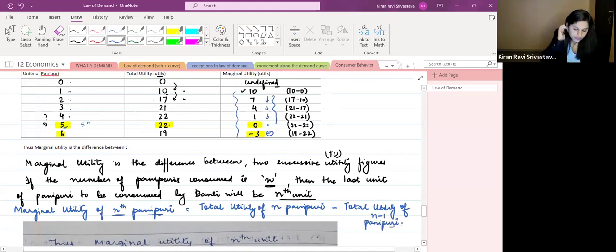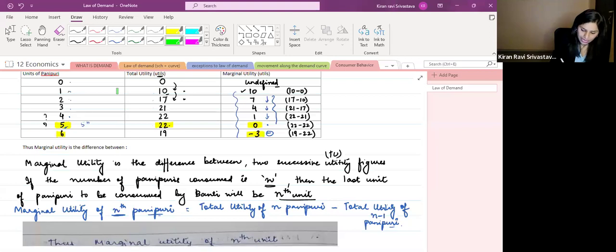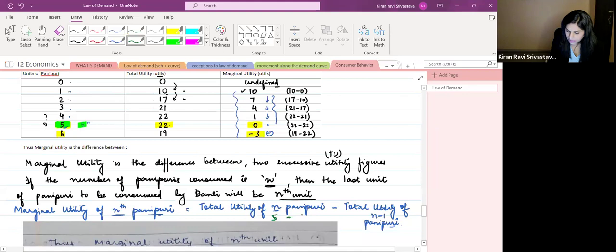Okay. So suppose we are stopping here at the fifth level. That means we want to know what is his marginal utility at the fifth pani puri. So now here we are stopping at 5. So the total utility of n pani puri, n here is the fifth one, minus total utility of n minus 1.